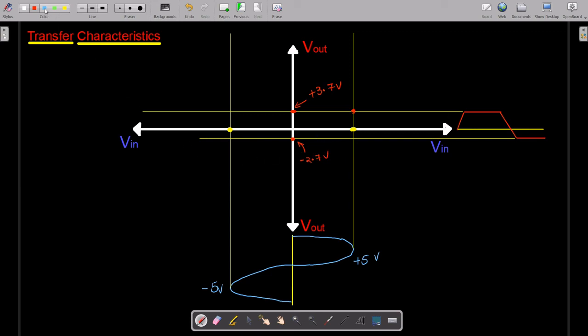And here also, to the input side, you have to draw two lines, indicating this is your plus 3.7 volts and minus 2.7 volts. So something like this, plus 3.7 volts, it may lie somewhere over here. Okay, and minus 2.7 volts, that means it may lie somewhere over here.